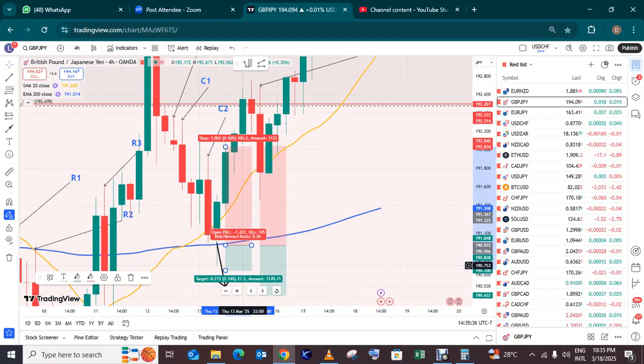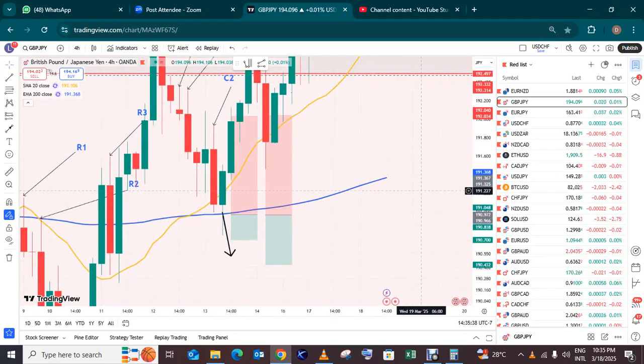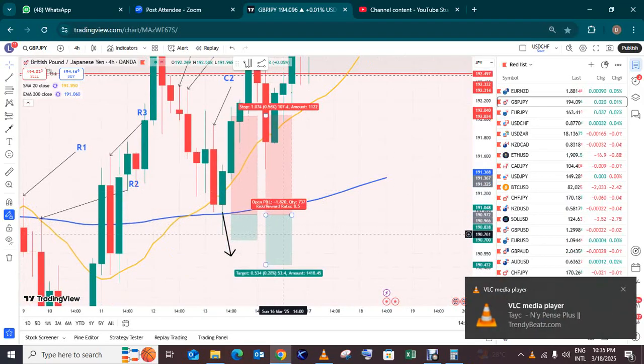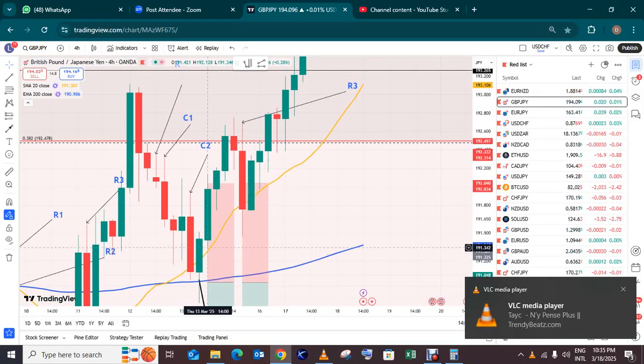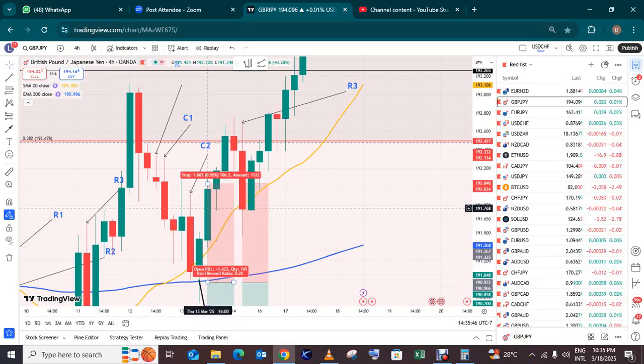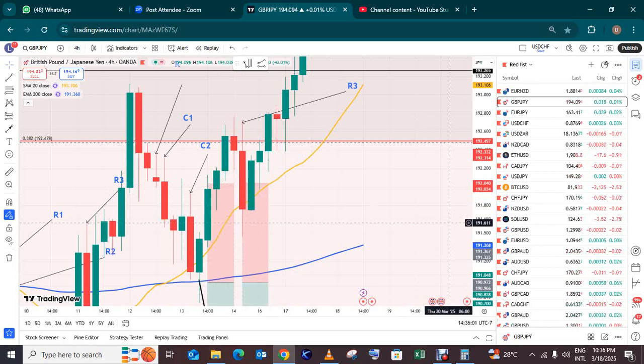Price didn't get to TP1, neither did it get to TP2. Price kept on going up through the midnight till morning, and when we woke up we saw that price had kept on going higher. So what I did again was to increase the stop loss. Now this is the PSL which I'm talking about, the psychological stop loss, which I explained a few minutes ago.